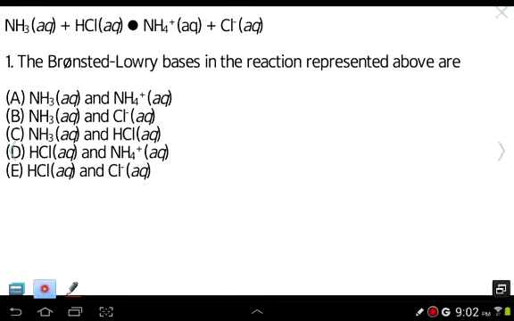This is more of a definition of an acid and a base, and this little mark right here should be a double arrow. So think of that as a double arrow. So the Bronsted-Lowry bases in the reaction represented above. Now this definition of an acid and a base, recall that an acid is what we call a proton donor.